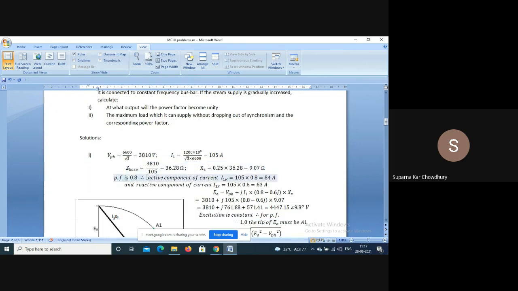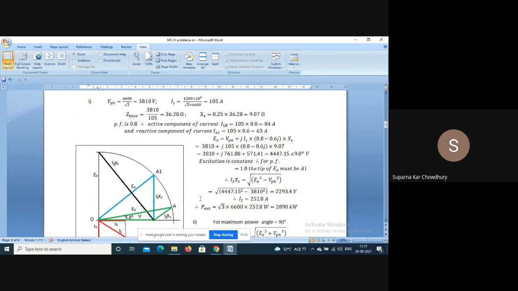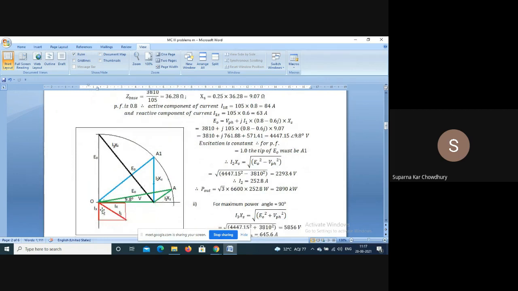Now the power factor is given as 0.8. So here you can see the phasor. We have taken voltage as a reference. The resistance has been neglected. So say the power factor is 0.8, lagging. So this is the position of current I. This can be resolved into two components: a resistive component in phase with the voltage, and an inductive or reactive component perpendicular to it.